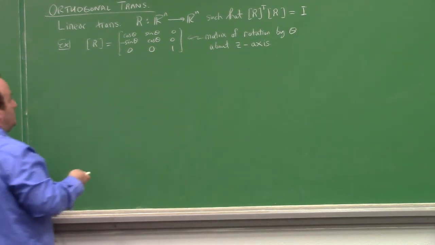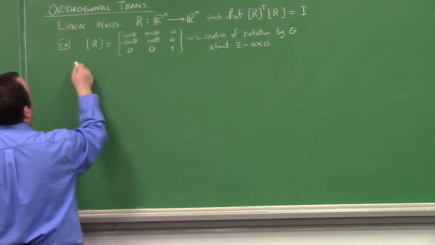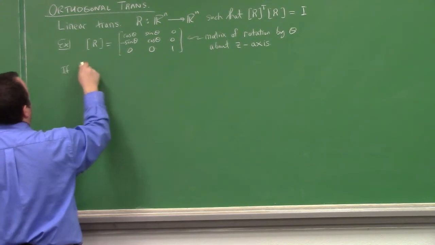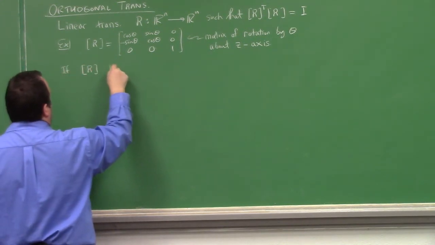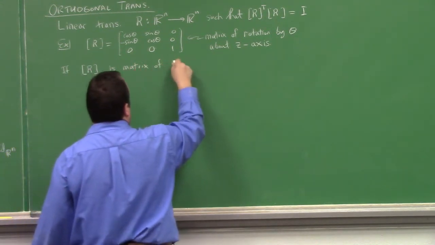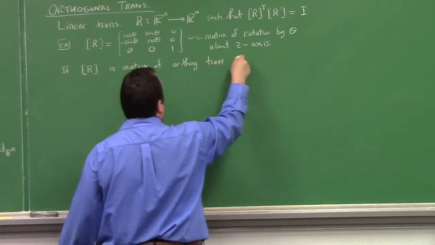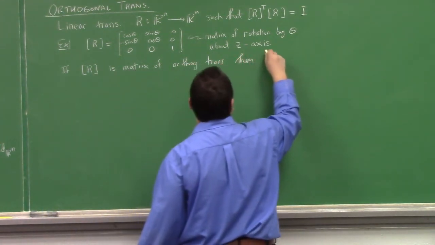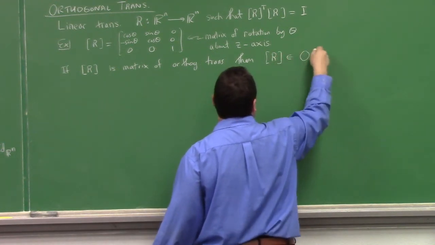So, if R is the matrix of an orthogonal transformation, then we say that the matrix of R is an element of what's called O(n).